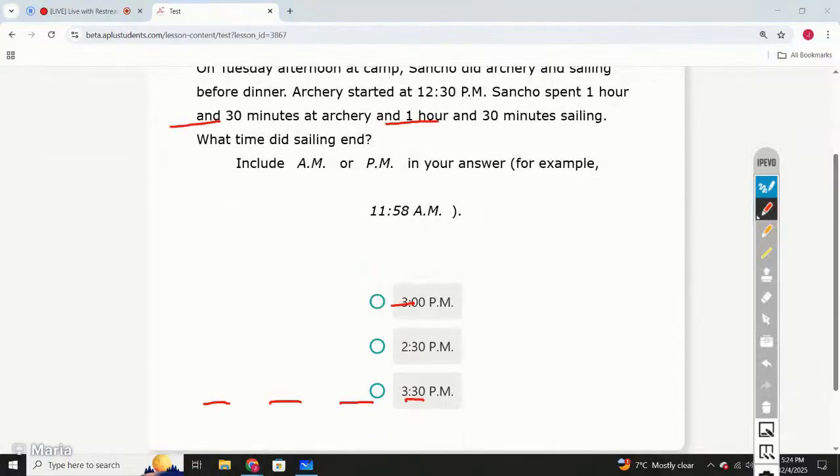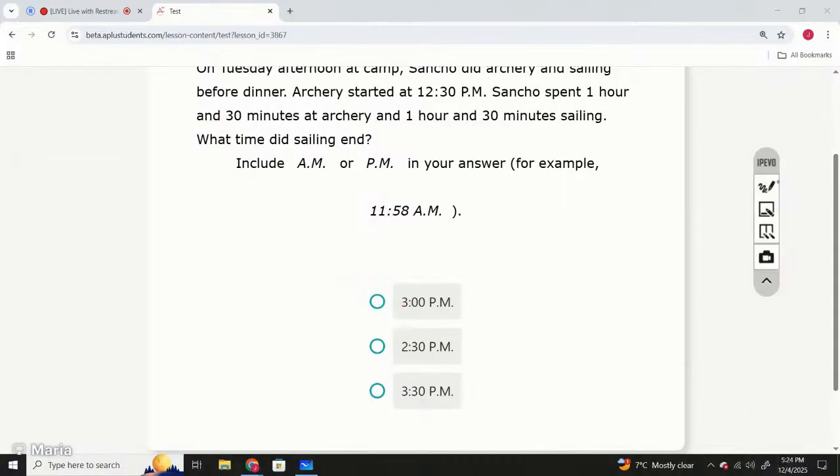Archery started at 12:30 p.m. Sancho spent 1 hour and 30 minutes at archery and 1 hour and 30 minutes sailing. What time did sailing end?